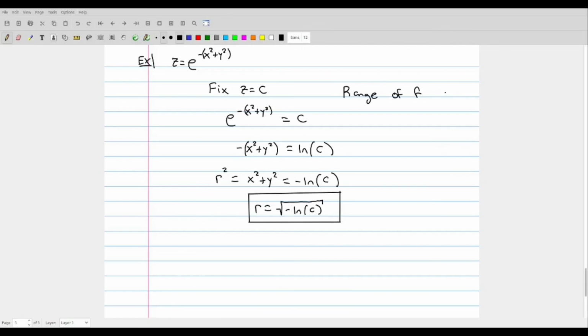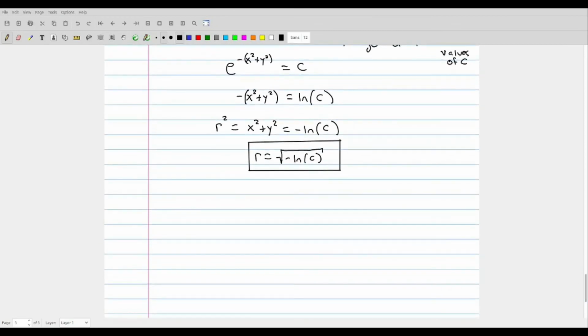The range of f is all possible values of c. If we look at this example, the natural log function is only defined when c is between 0 and infinity, because this tells you that c can only be between 0 and infinity.